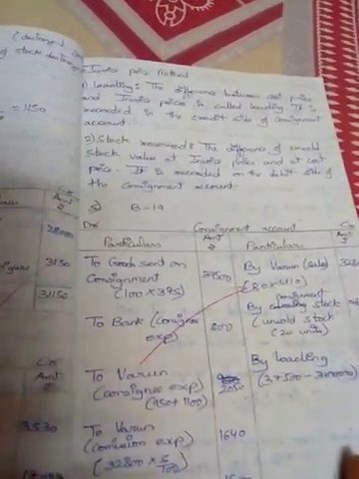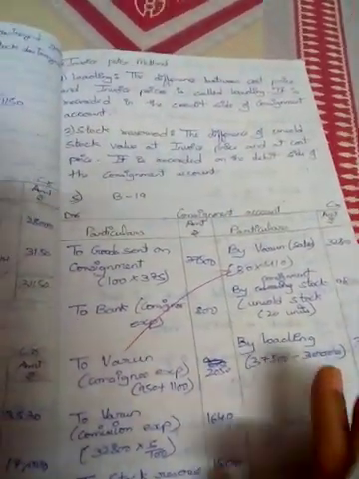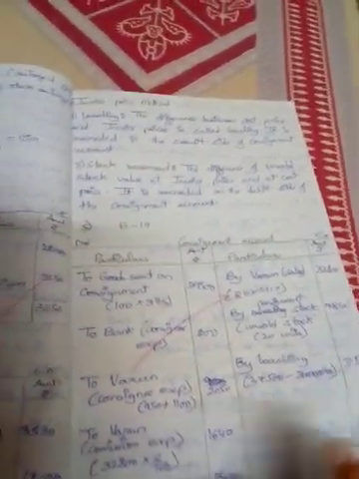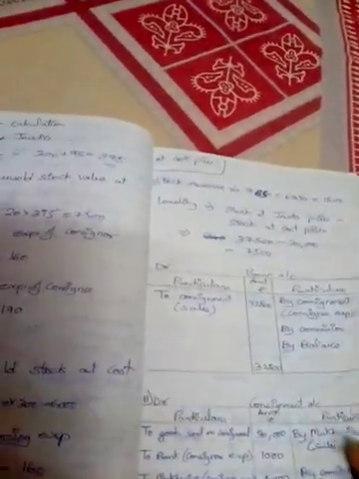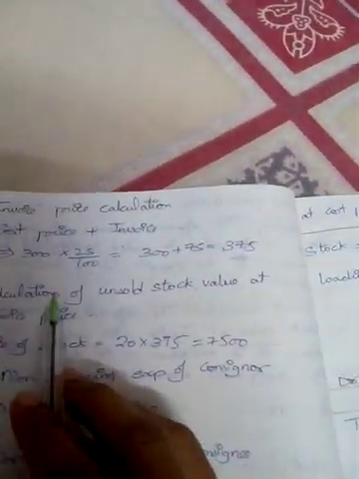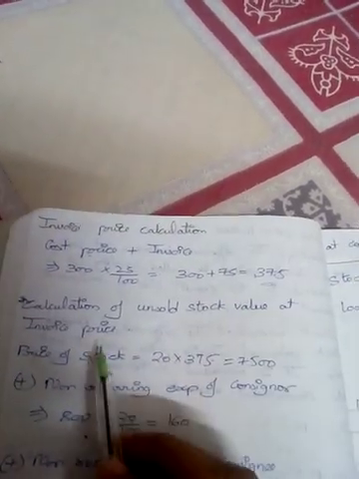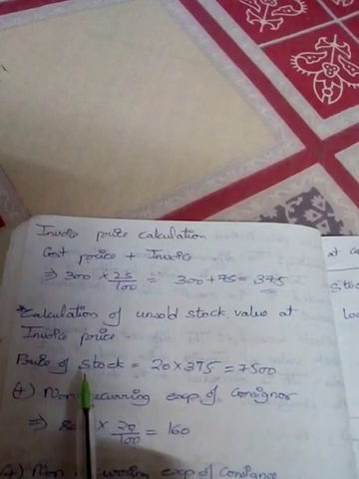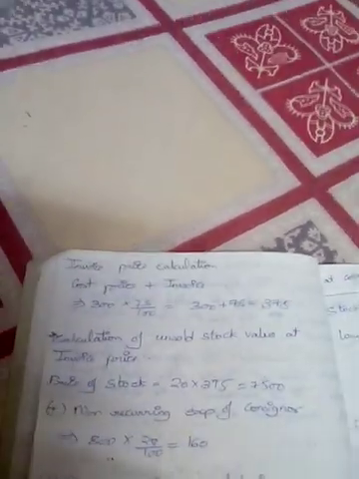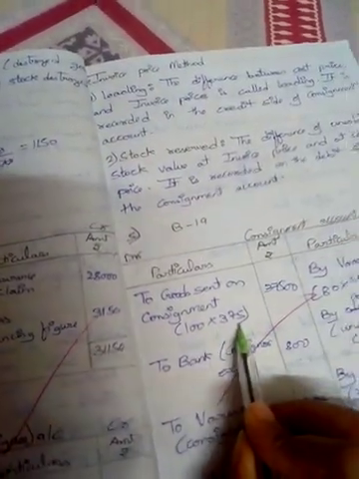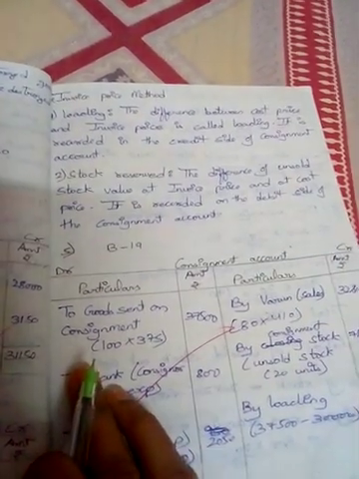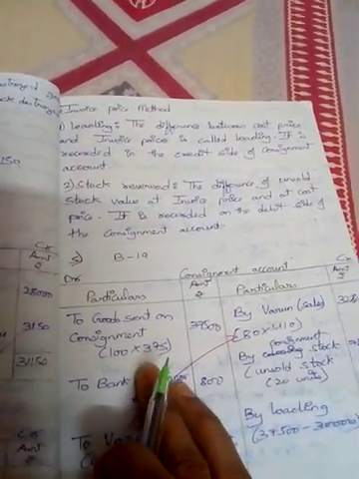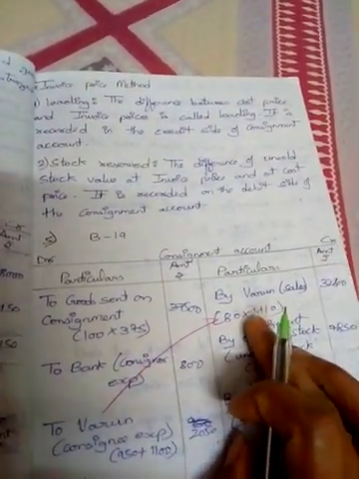And I told you we need to calculate your consignment stock, loading and stock reserve. We'll see the calculation. First, the calculation of unsold stock value at invoice price. Total goods sent were 100 but only 80 were sold. So the remaining 20 goods' price we have to calculate.